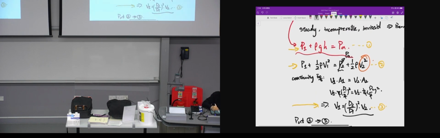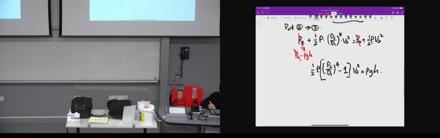Also from equation 1, we have a relationship between P1 and PA: P1 equals PA minus rho g h. So we replace P1 with PA minus rho g h, and then PA cancels.